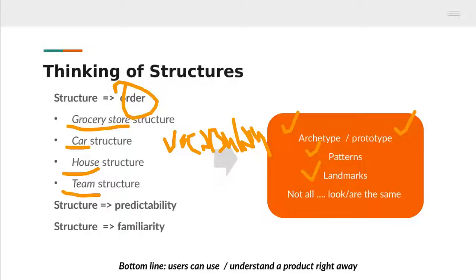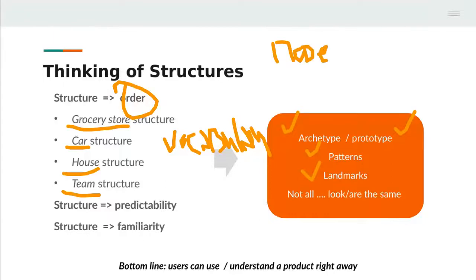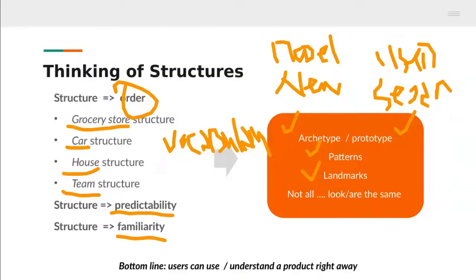And we also see landmarks. There are specific things that we actually expect when we think of a car to begin with. Model, we think of new, we think of used, right? We saw sedan, and so on, the engine and the horsepower and many things. So it brings predictability and also familiarity.